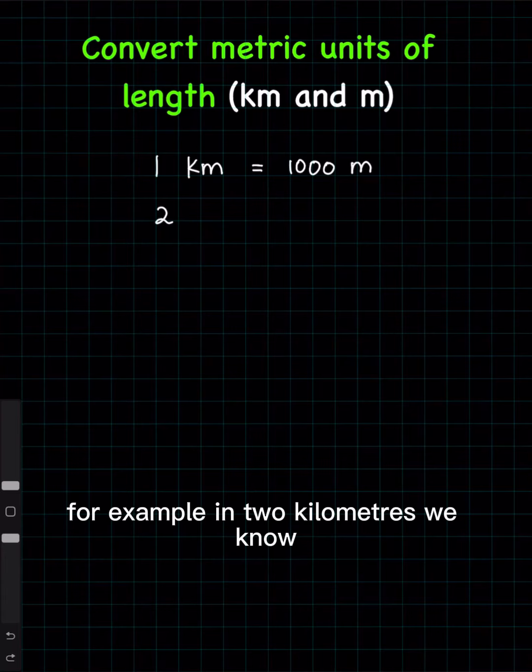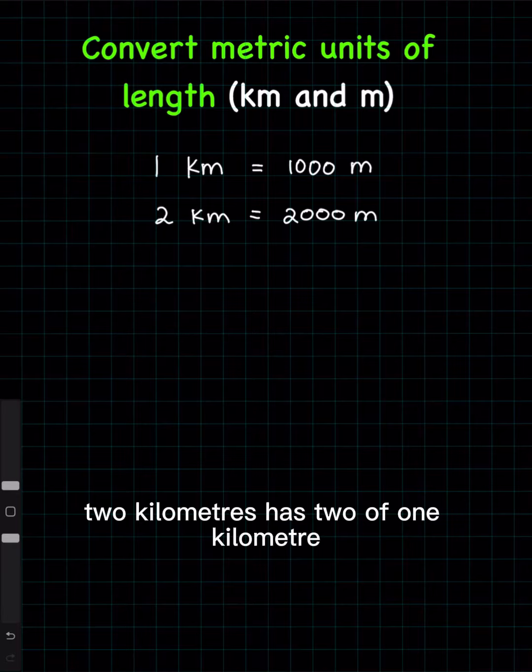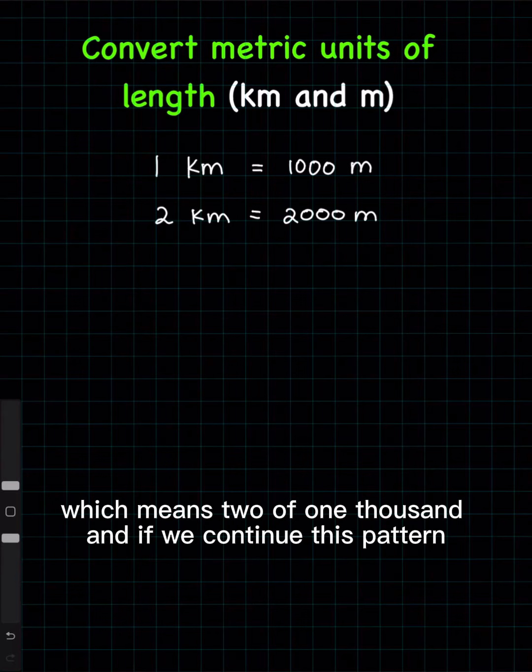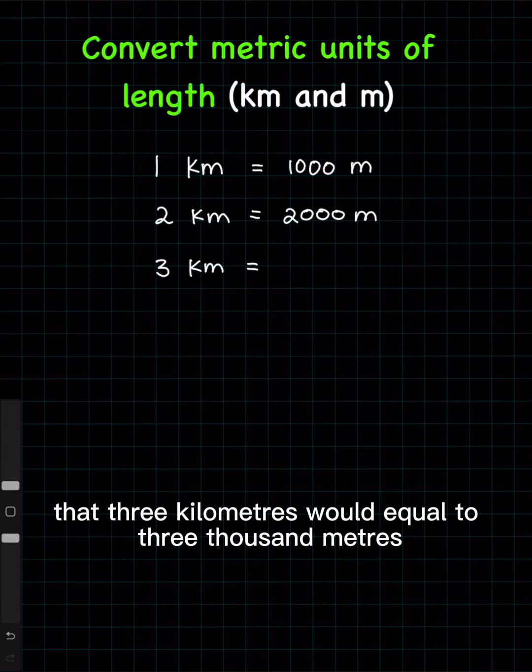For example, in 2 kilometers, we know there are 2,000 meters, as 2 kilometers has 2 of 1 kilometer, which means 2 of 1,000. And if we continue this pattern, we are clear that 3 kilometers would equal 3,000 meters.